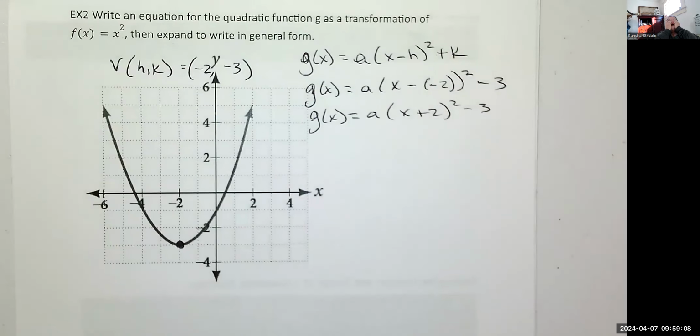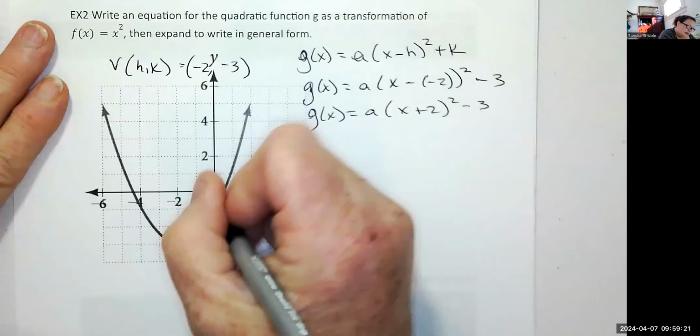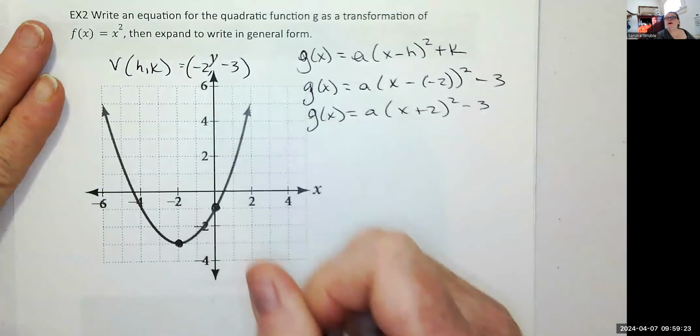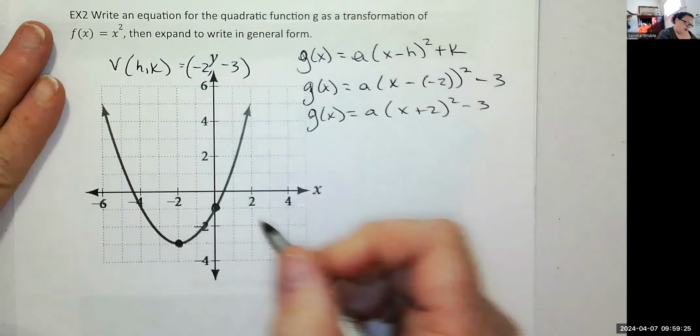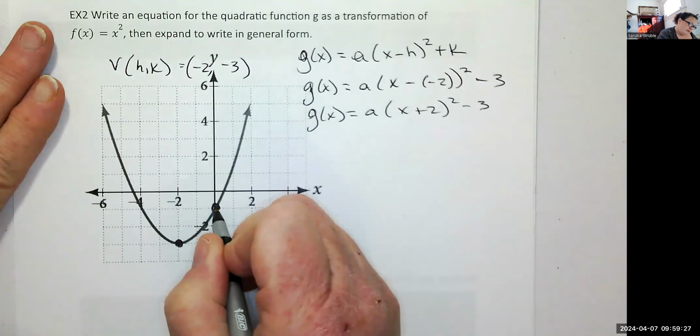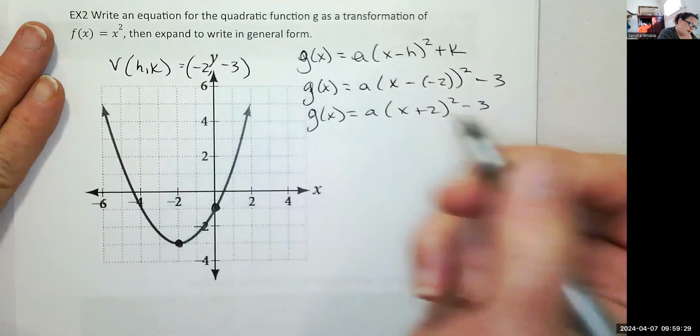Do not ever use your vertex as your point to find a. I always go to something I can find easily. And it's usually the y-intercept, unless the y-intercept is your vertex. So in this case, our y-intercept is (0, -1).